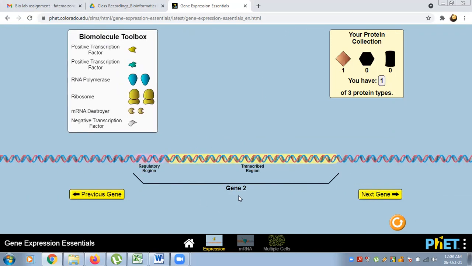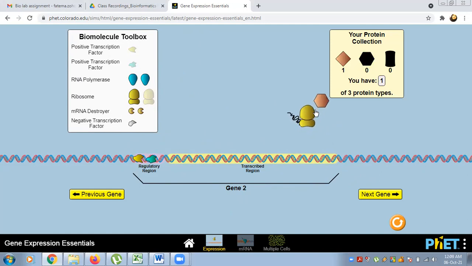So this is gene 2, right? Now we have 2 positive transcription factors here. I will place it there. We have RNA polymerase, which will read the DNA and produce mRNA according to the DNA sequence. Then I'm placing the RNA polymerase back here, and I will add the ribosome to the mRNA.